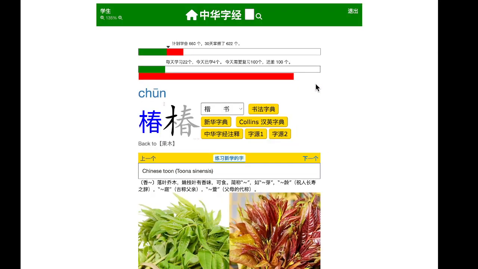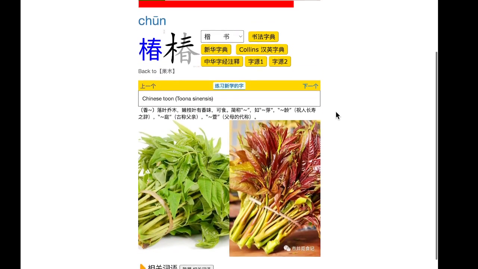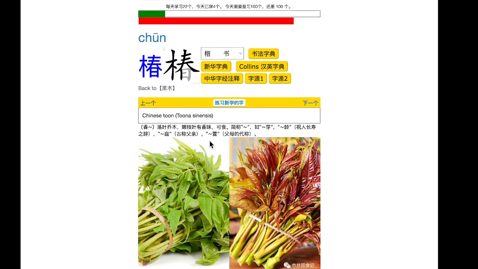Chun. This is xiangchun, is what it's called. Xiangchun, or this is called a Chinese toon. I mean, this tree doesn't exist outside of China, so you probably haven't really heard of it.